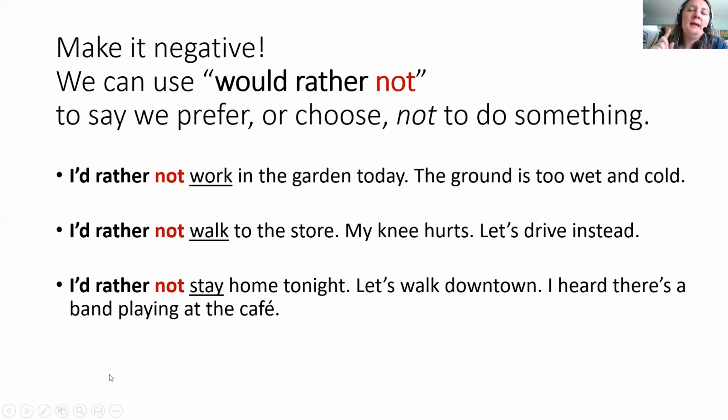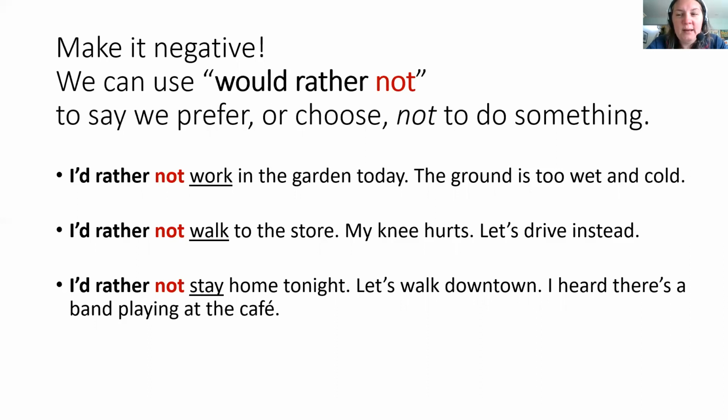All right, here's the last part about would rather. We can make it negative. We can use would rather not to say we prefer or choose not to do something. For example, I'd rather not work in the garden today.